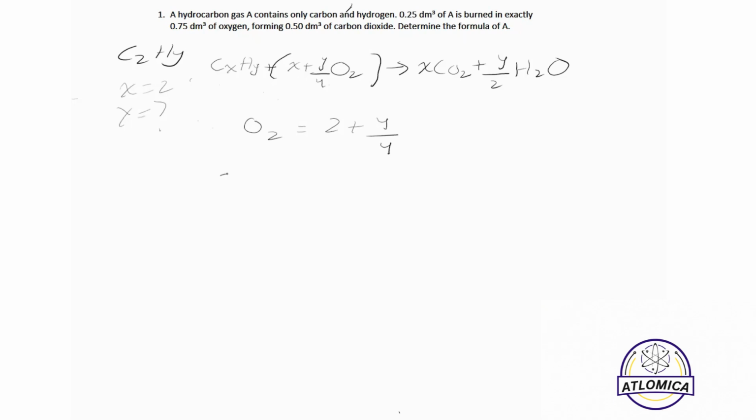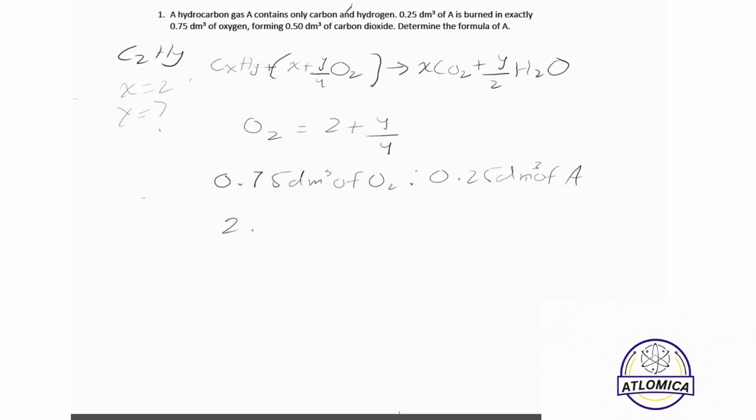We know the comparison that 0.75 dm³ of oxygen is proportional to 0.25 dm³ of our A. By the gas law, we can write 2 plus y over 4 is equal to 0.75 upon 0.25. Why did we get that value? We used the value of A to make the value of O2 proportional. That is why. So if we simplify this ratio, it would turn out to be 3.